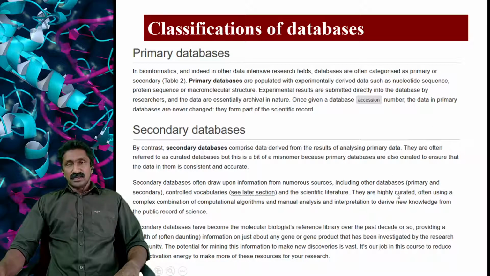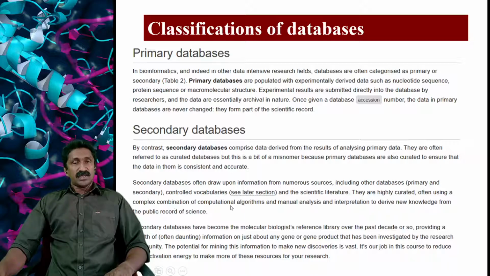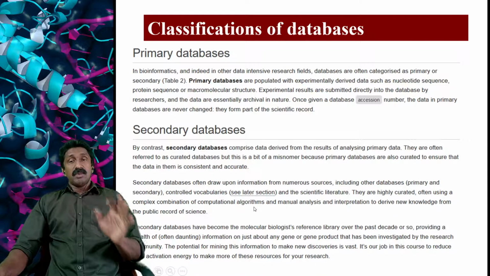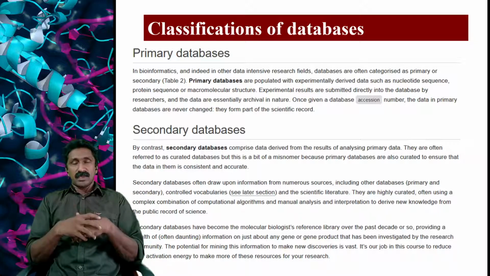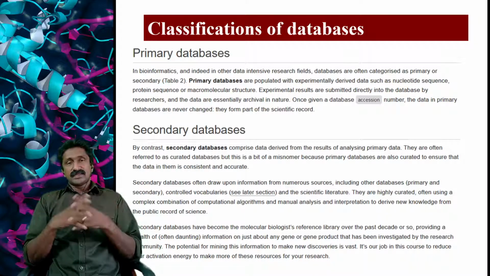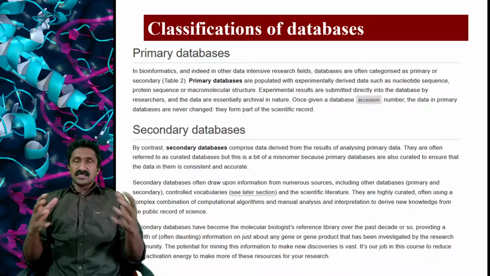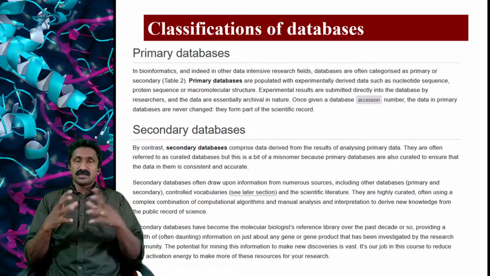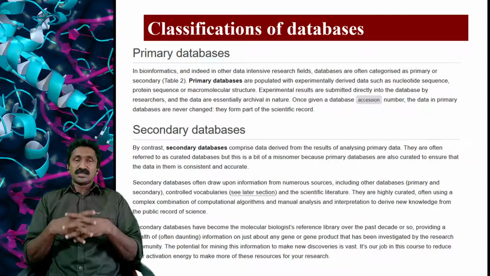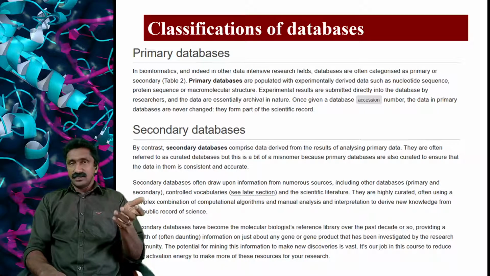Secondary databases are highly curated, often using a complex combination of computational algorithms and manual analysis and interpretation. Curated means they are well described by adding additional or related information, or different descriptions about the data. So this is the difference between primary and secondary databases.